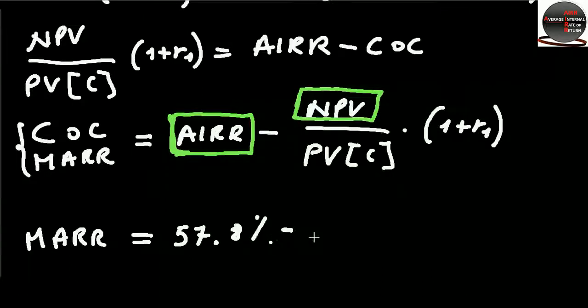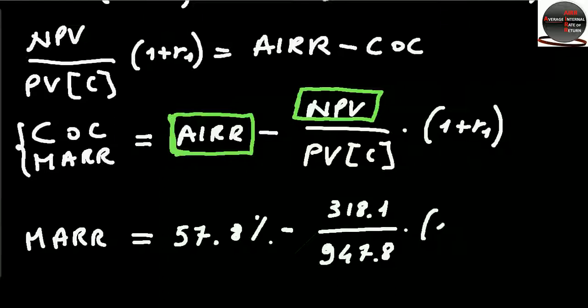The NPV is 318.1 divided by the total capital. Total capital is 947.8. We multiply by 1 plus 15%, and we get back the overall cost of capital, which is 19.2%.